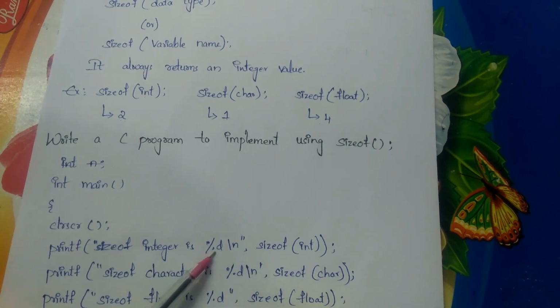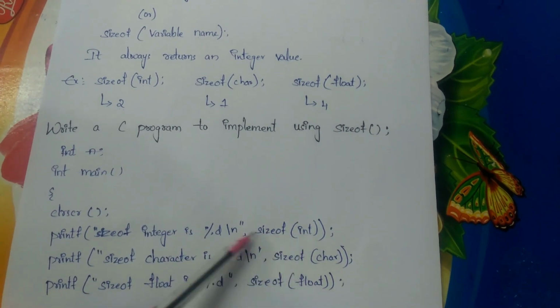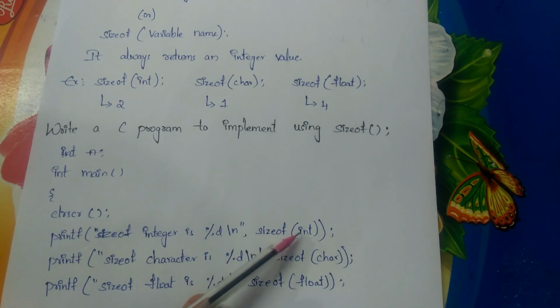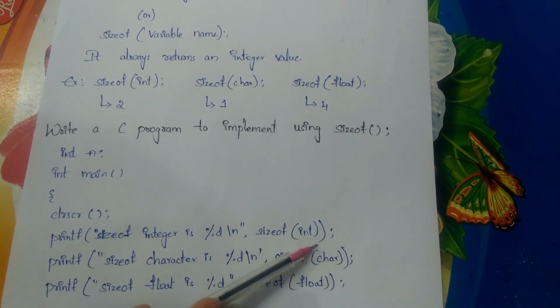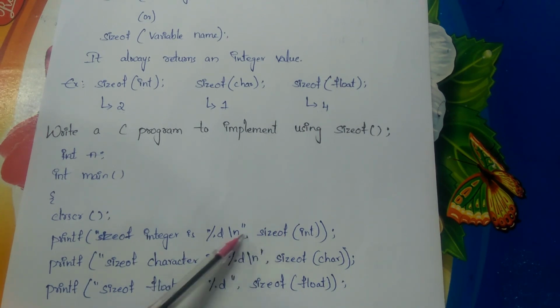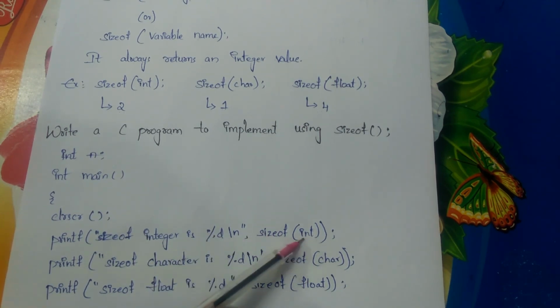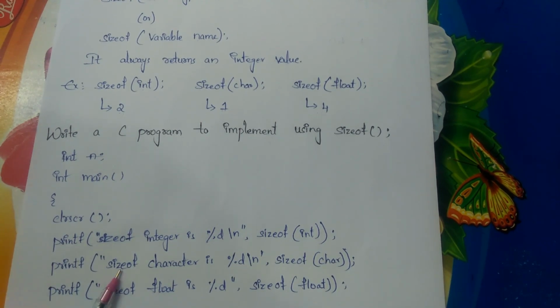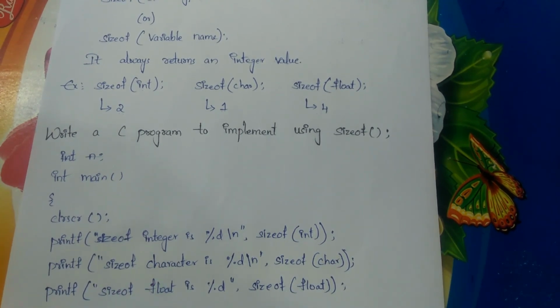Now this %d is to print the memory, to print the bytes of the integer. So for that I am using sizeof(int). So this is the syntax for sizeof. Now this %d will be taken as the size of int. Now in the next printf statement, I want to get the bytes for the character.